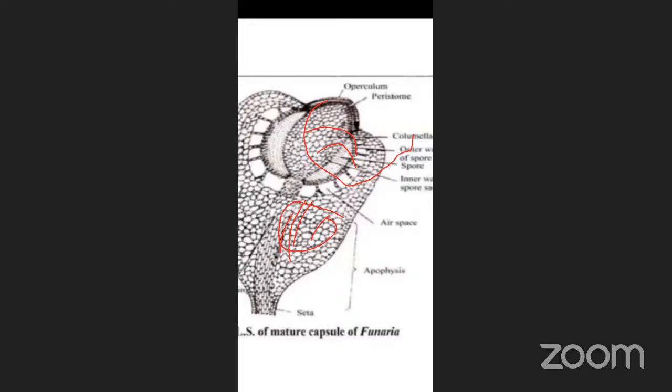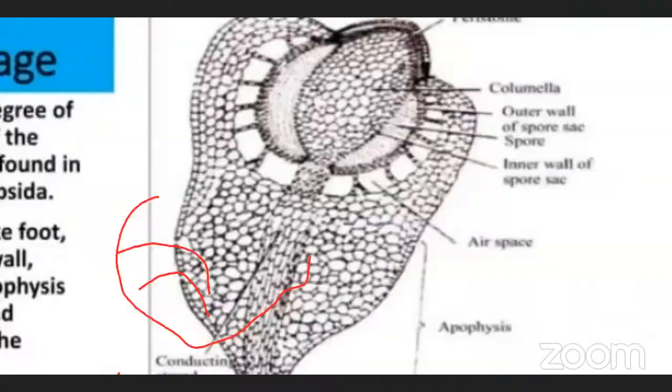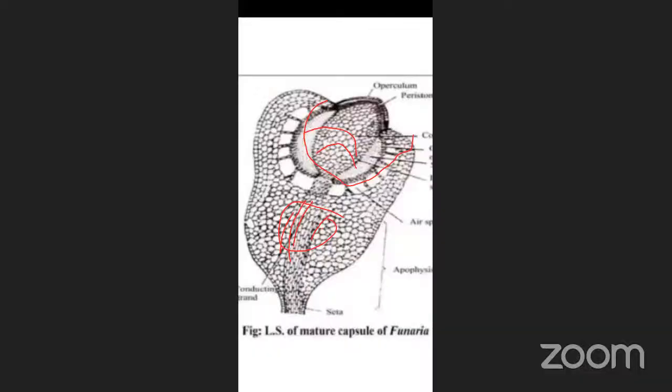This theory is proposed by Bower. Bower is a bryologist. He explained the progressive sterilization process. Sterile tissue progressively developed and fertile tissue gradually reduced. So based on these complexities, from simple to complex, Bower explained the progressive sterilization theory.